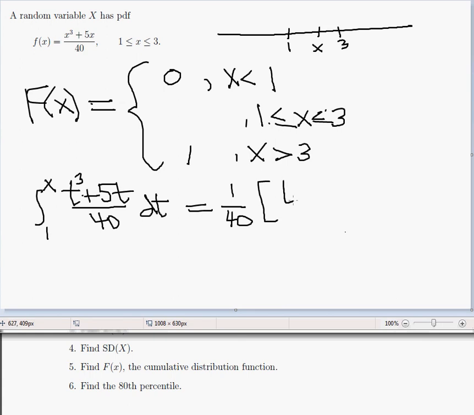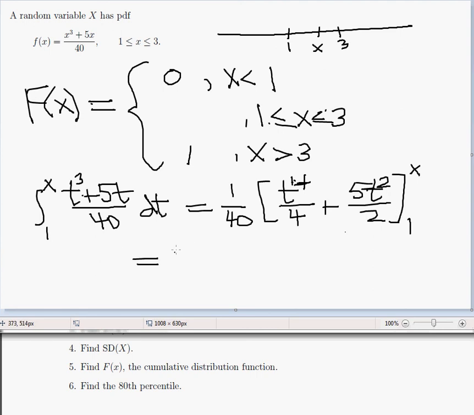1/40 times t to the 4th over 4, plus 5t squared divided by 2, evaluated from 1 to x.